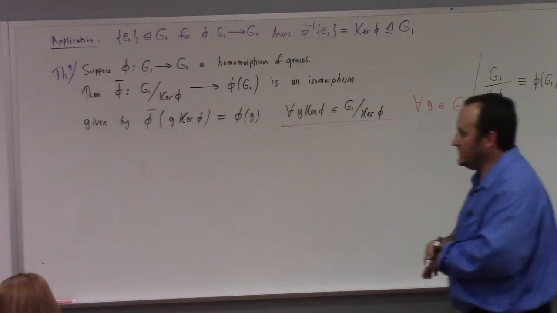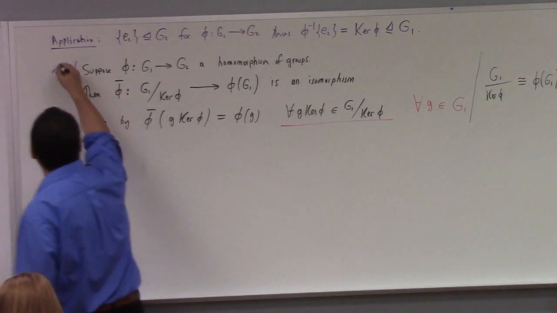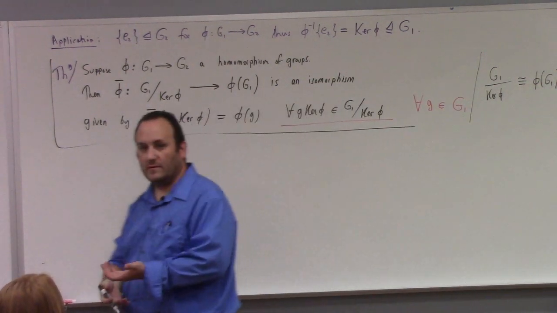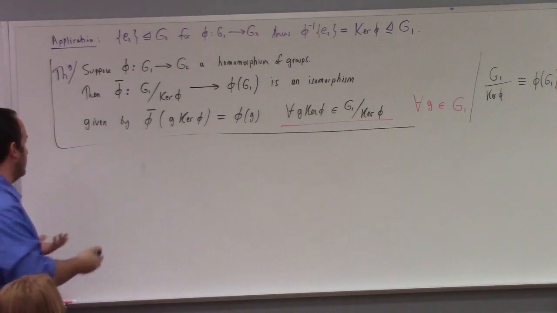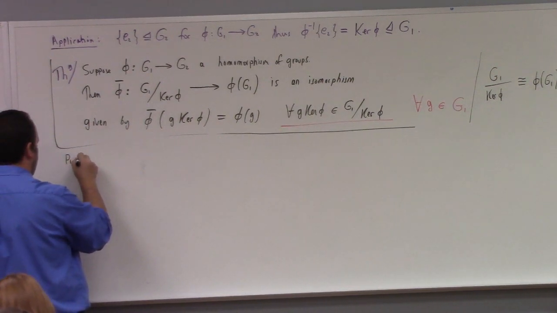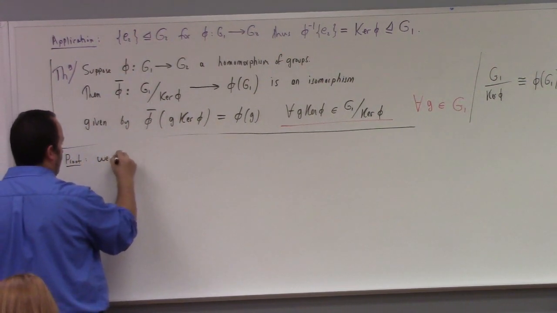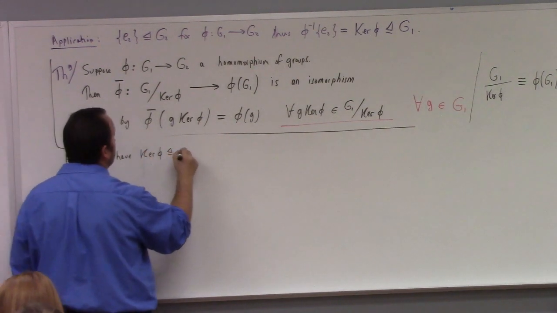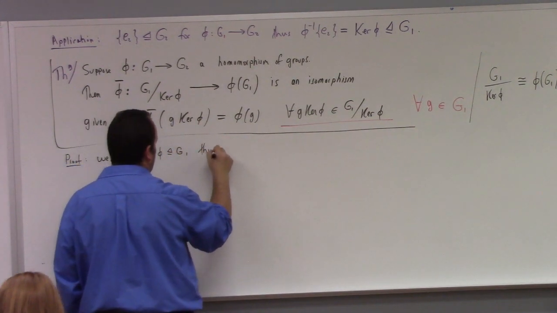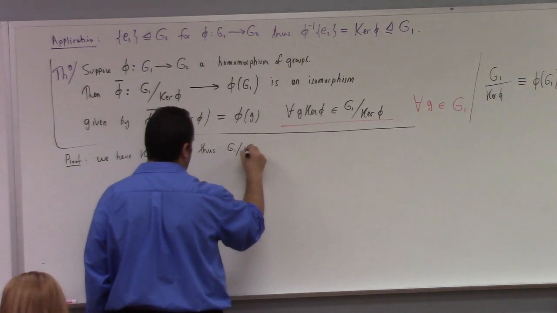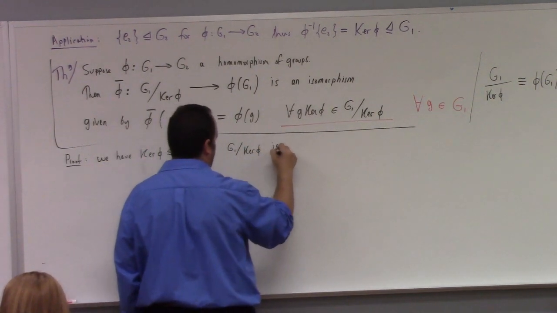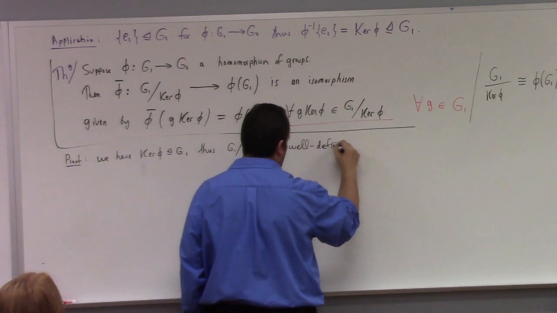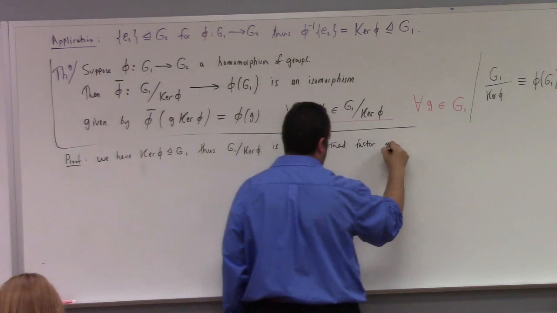So what's there to prove here? We've already proved some of the theorem, right? So proof: we have kernel phi a normal subgroup of G1, thus G1 mod kernel of phi is a well-defined factor group, right? So we have that.